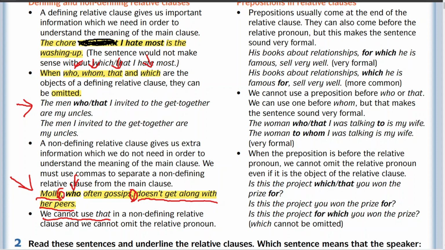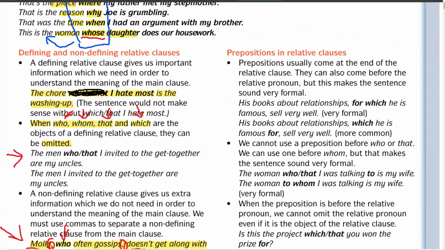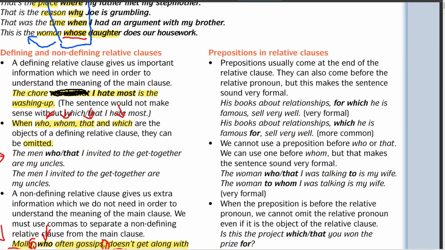Okay, and the last part today is prepositions in relative clauses. Prepositions, specifically we are going to look at two prepositions here, which is for dengan to. Yang ini boleh gunakan juga dalam ayat yang menggunakan relative clauses.